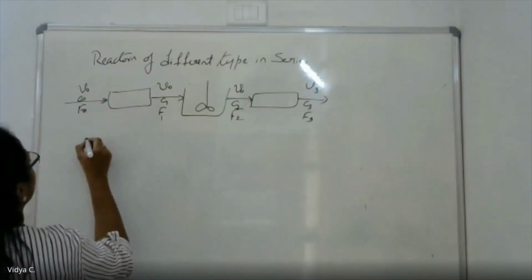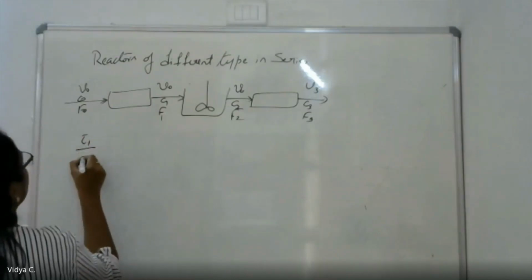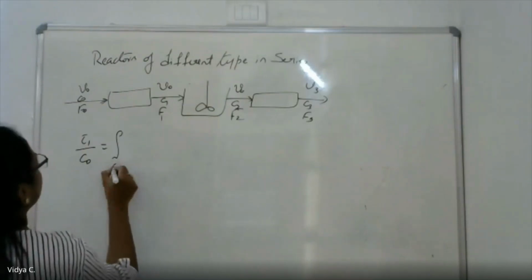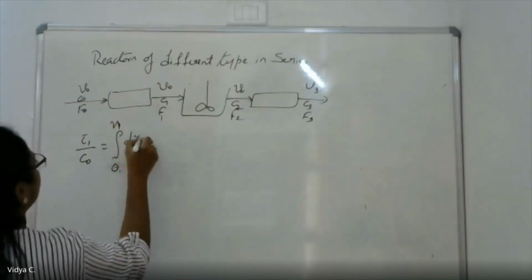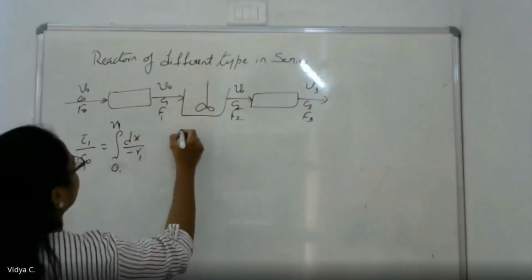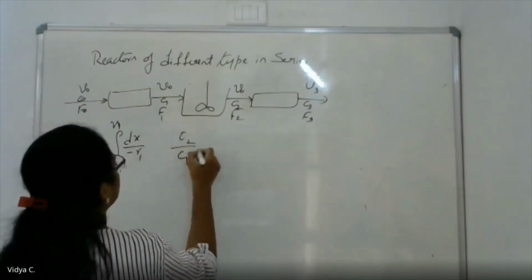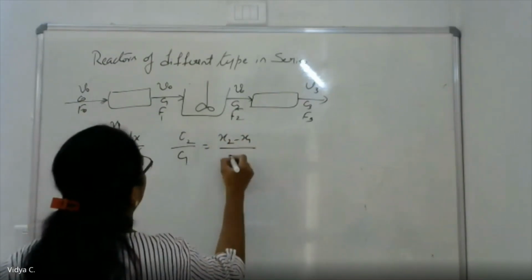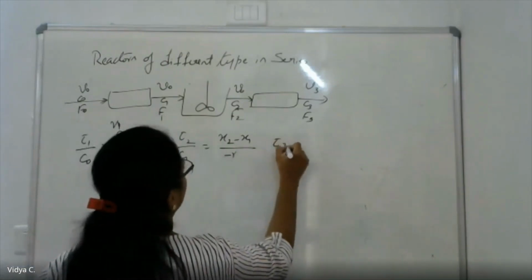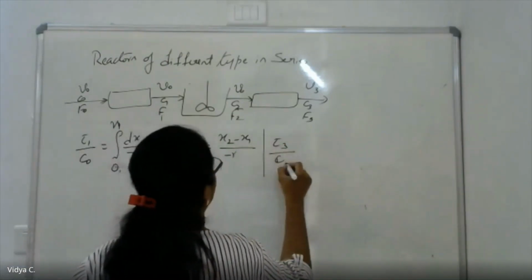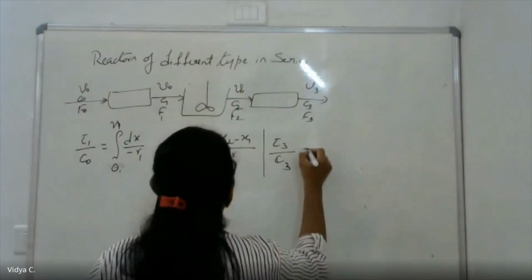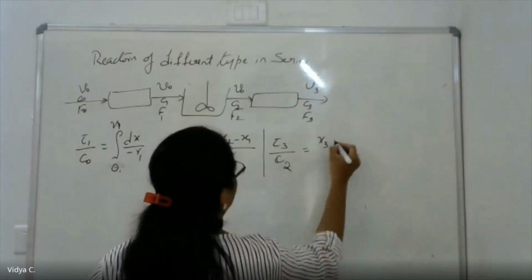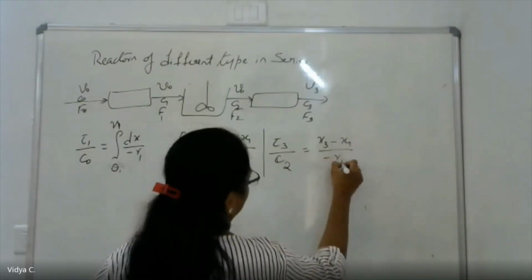So for this, I can write as tau1 by C0 is equal to the integral from 0 to x1 of dx by minus r1. And for this, it is tau2 by C1 is equal to x2 minus x1 by minus r1, and this is tau3 by C3 is equal to x3 minus x2 by minus r1.